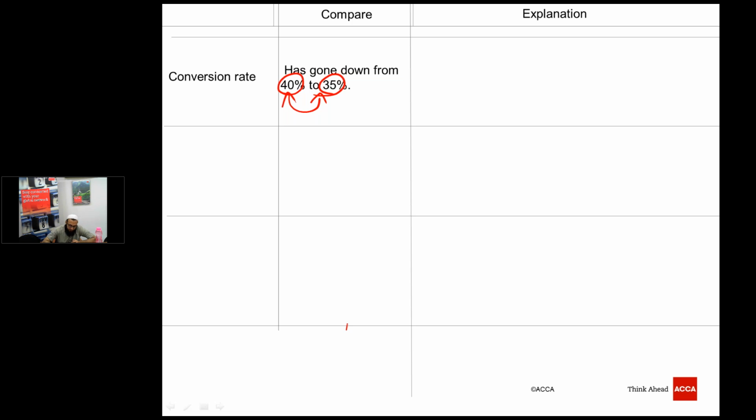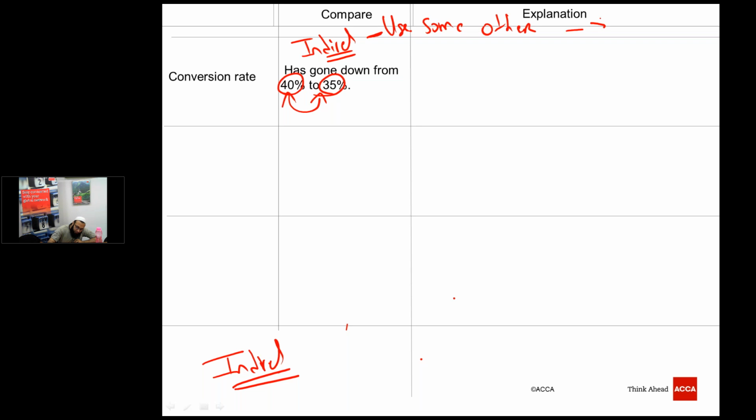There is no direct link given in the scenario. Okay? Now, if there is no link given, then we'll go for a tactic named indirect link. And what's an indirect link? I will use some other indicator for linking.